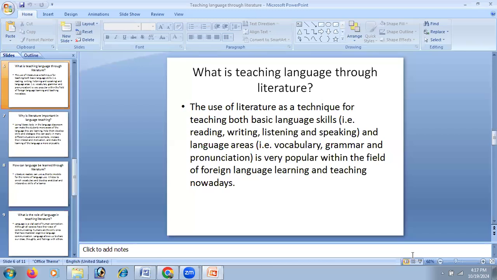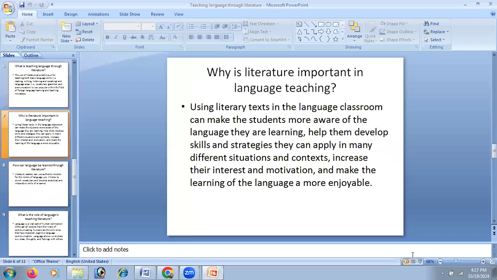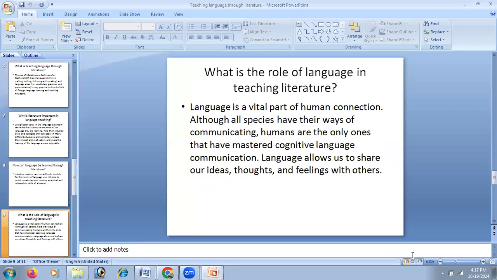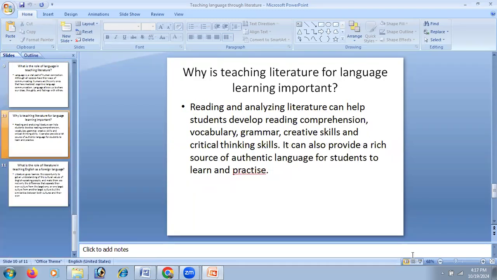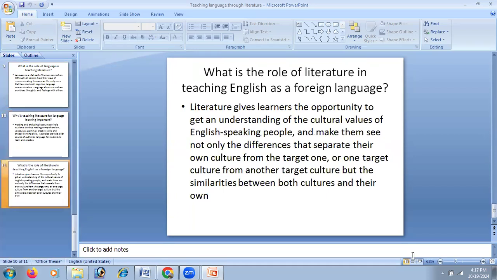They can improve their speaking, reading, writing, and creative capability. So using literature in language classes is important.